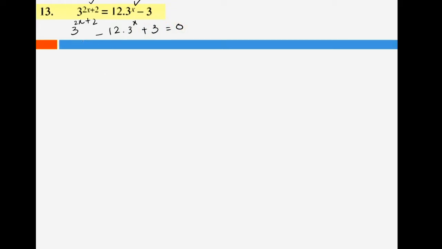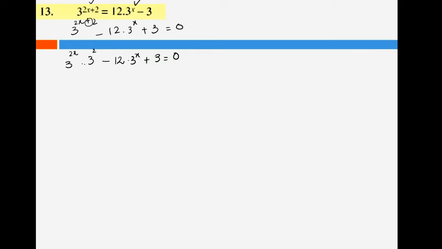I have told you in question number 12 as well, we can write it as 2 raised to the power x into 3 square. Whenever we have plus between the exponent terms, it will be converted into multiplication with the same base. Minus 12 into 3 raised to the power x plus 3 is equal to 0.